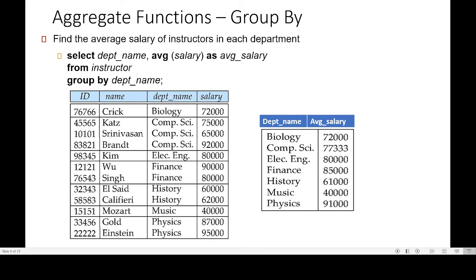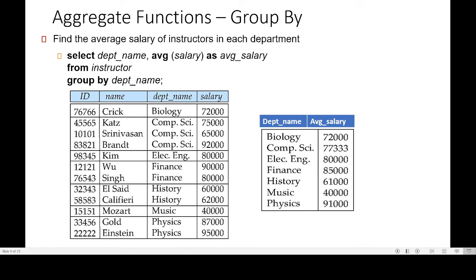So we are finding the average salary, but grouping it according to the department name. For biology we have only one salary, 72,000. In computer science there are three instructors whose salaries are given here, so we find the average of these. The result will show all the department names and the average salary.